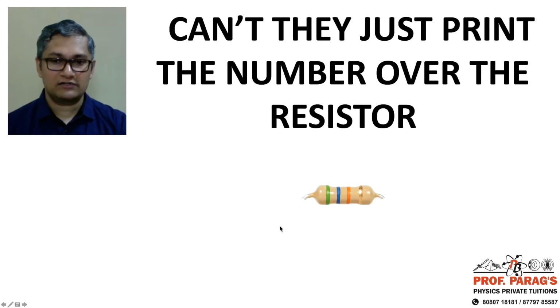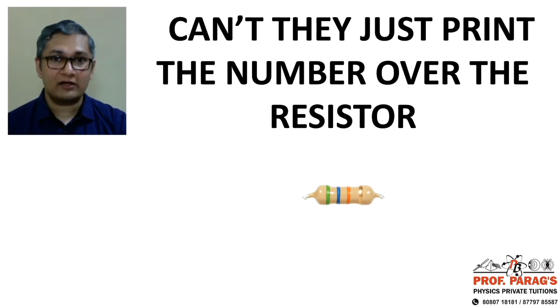You see there are colors here: green, blue, orange and gold. They have anyways printed this whole ring around the resistor. Can't they just print the number? Why are they encoding? It's like a form of encryption. The value is encrypted. You can't just look at it and know it. You need to know the science behind it.